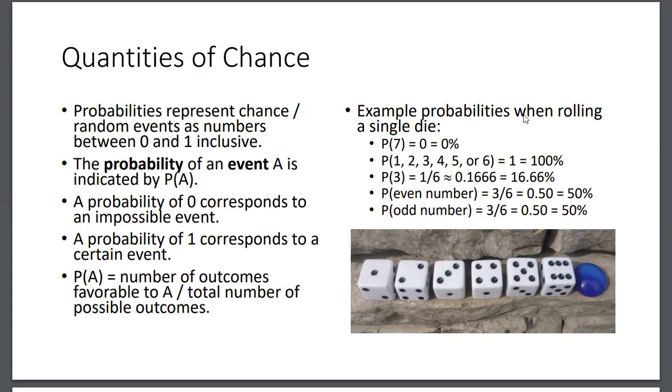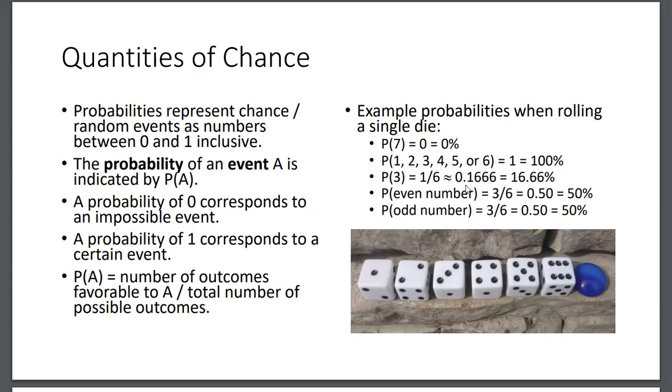Example probabilities when rolling a single die. The probability of getting a 7 is 0. There's no 7s. The probability of getting a 1, 2, 3, 4, 5, or 6 is 100%. The probability of getting a 3 is 1 over 6, because there's only one 3 and there's 6 possible outcomes.